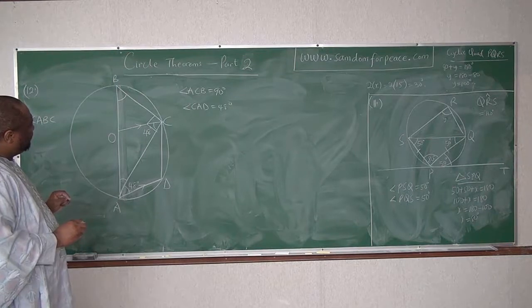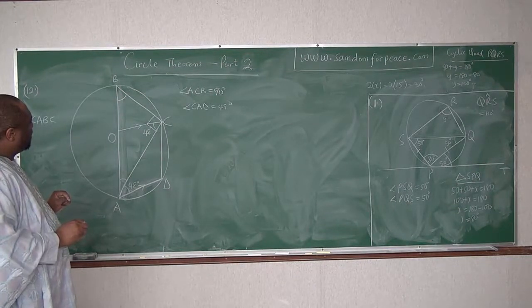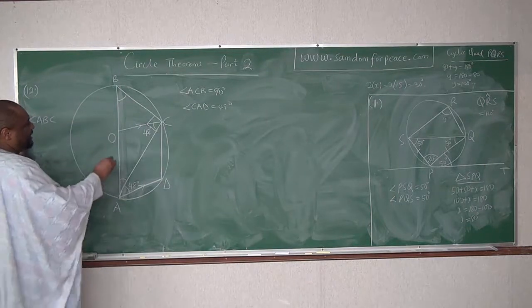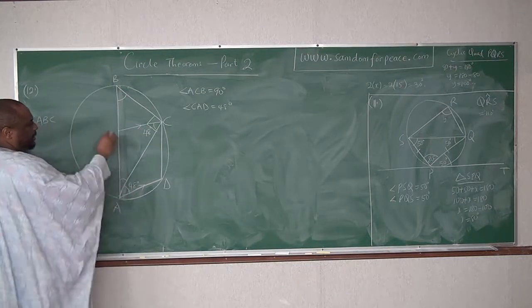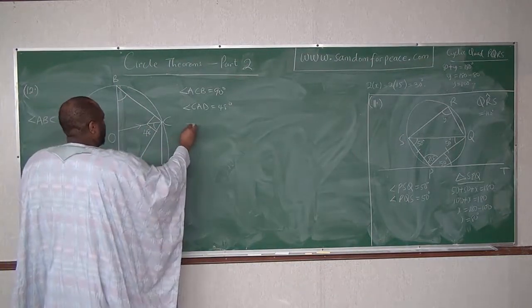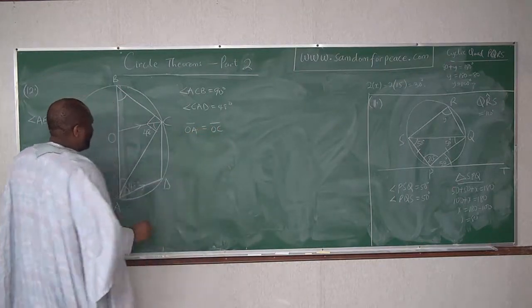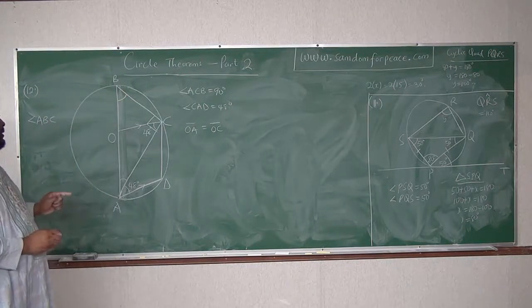So we can say, because this is a radius, this is a radius, and this is a radius, OA is equal to OC.